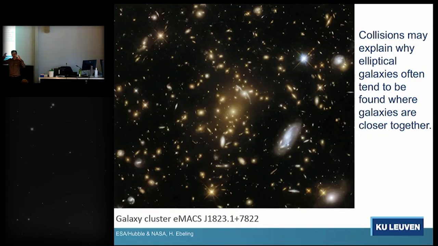So even two spiral galaxies that collide can turn afterwards into one large elliptical galaxy. Okay? I'm throwing out a lot of terms now, but don't worry, we're going to cover them in more detail during the course. This is, so to say, the overview.